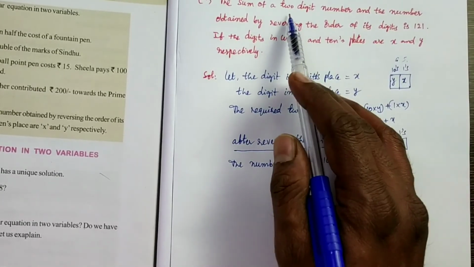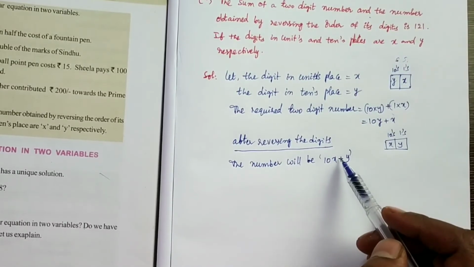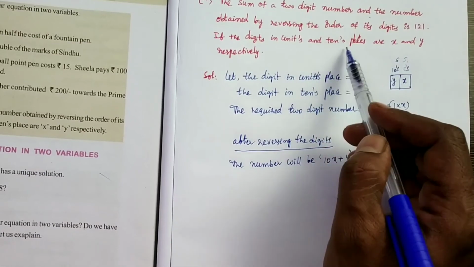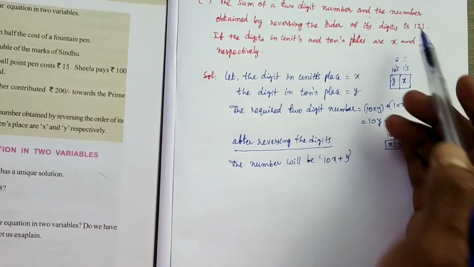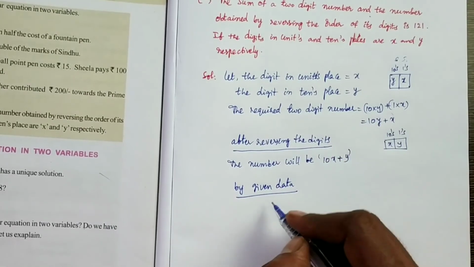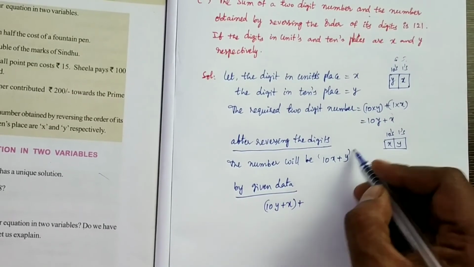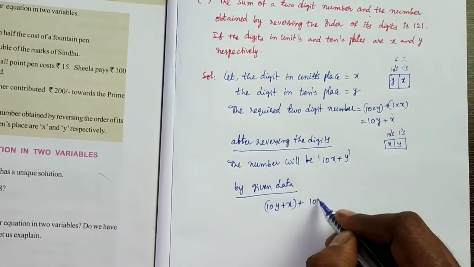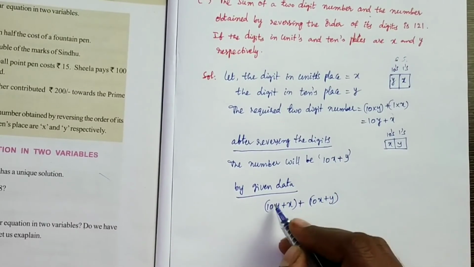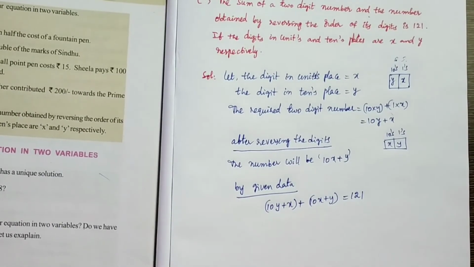If we add the original number and the reversed number, we should get 121. By the given data, the required two-digit number is 10y plus x, and after reversing the digits, the number is 10x plus y. The sum of these two numbers should be 121.